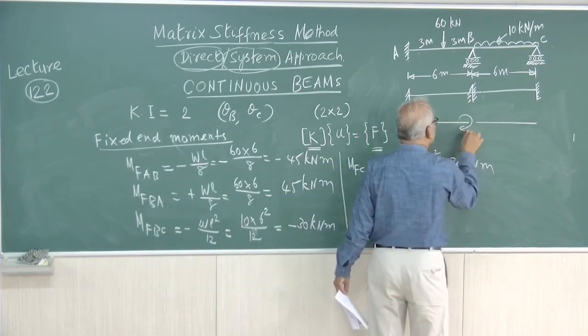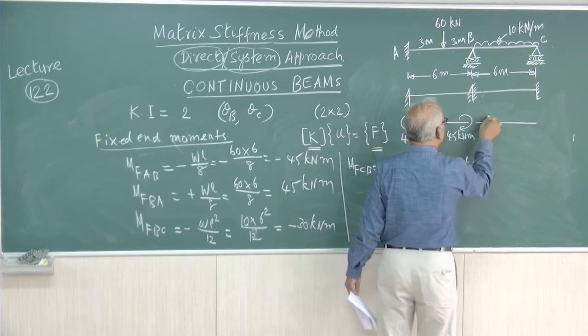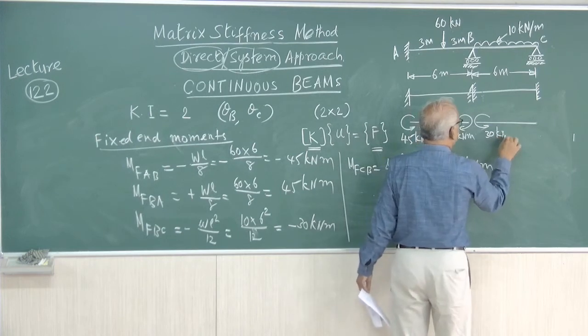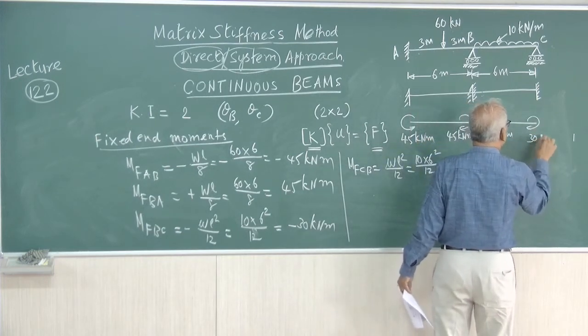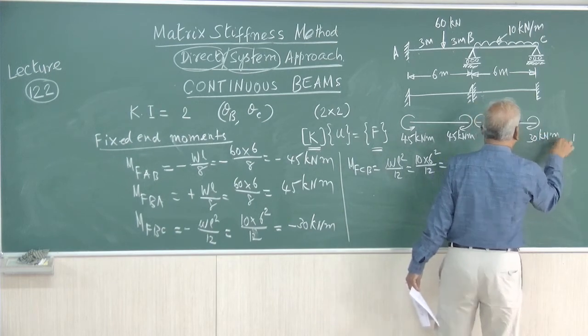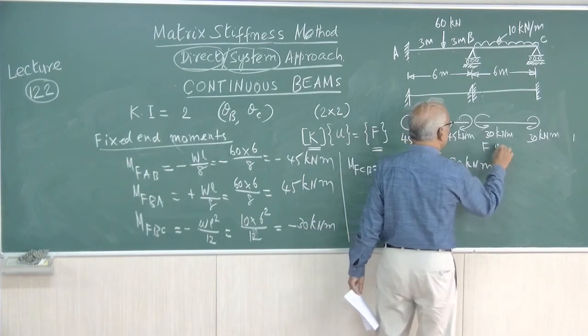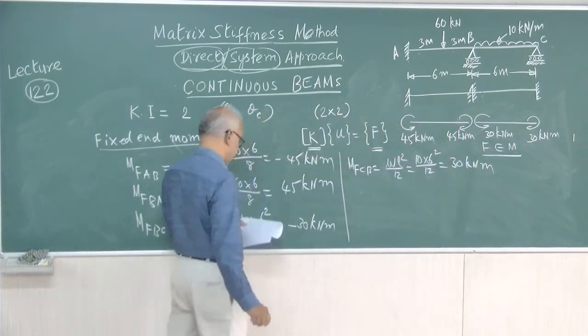This is clockwise 45 kilonewton meter. This is 30 kilonewton meter, and this is again 30 kilonewton meter. These are the fixed end moments. This we have got, right.